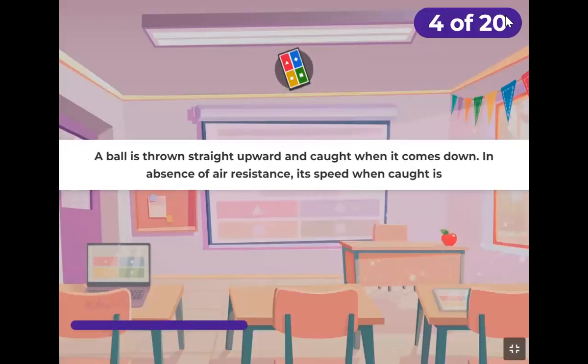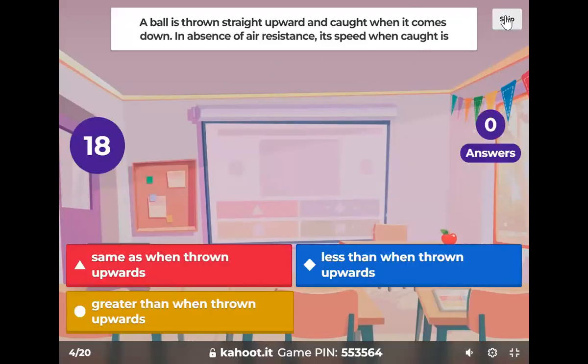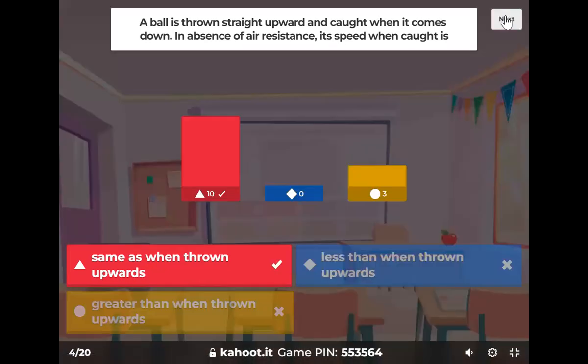A ball's thrown straight upward and it's caught when it comes back down. The speed when it's caught. Yeah, there you go.